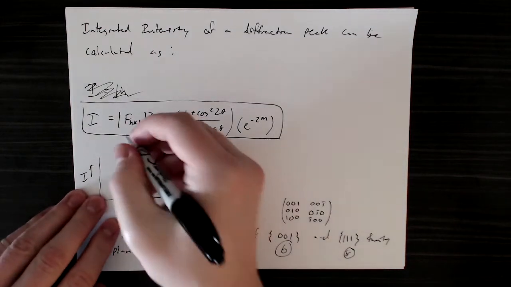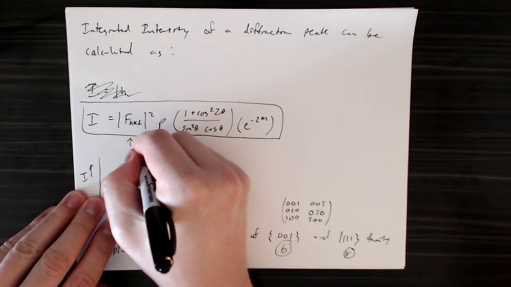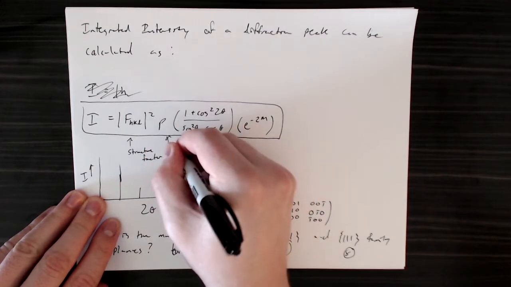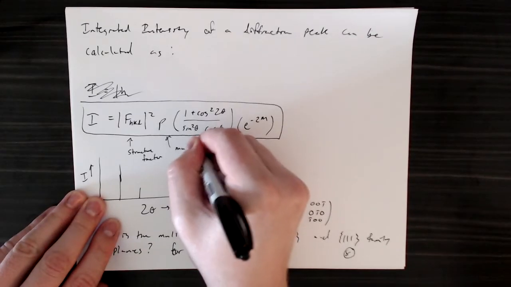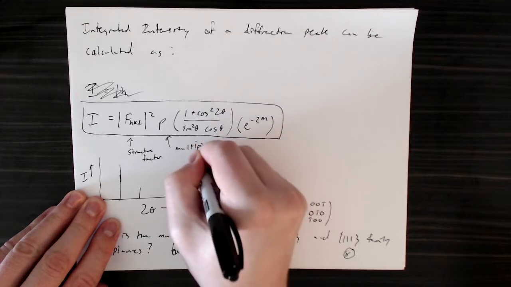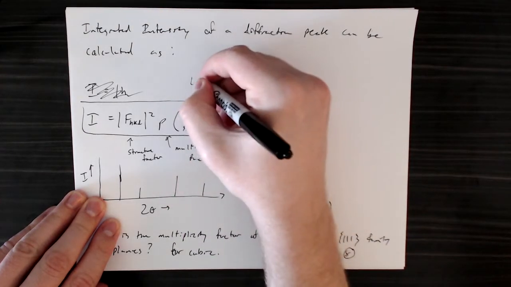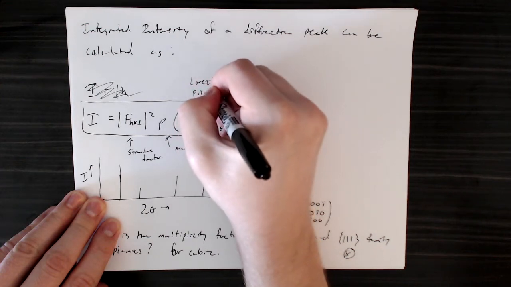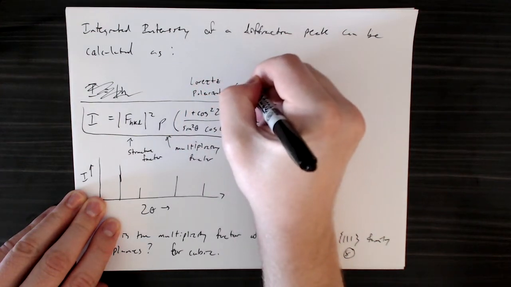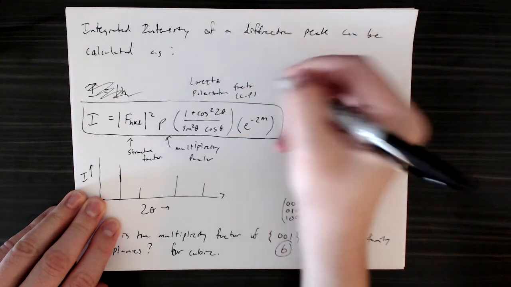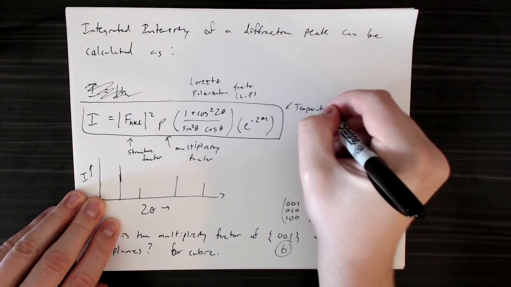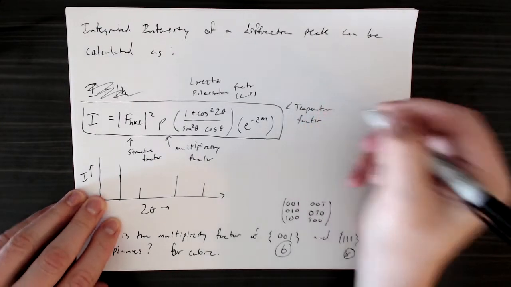So we have the structure factor, multiplicity factor, the Lorentz polarization factor, or LP, and then lastly, the temperature factor.